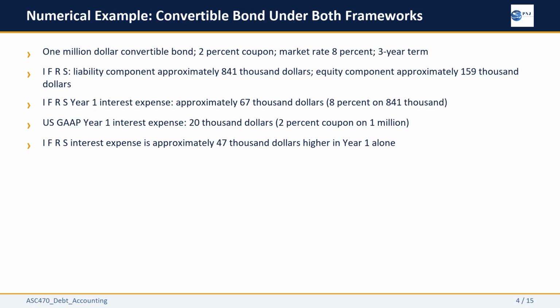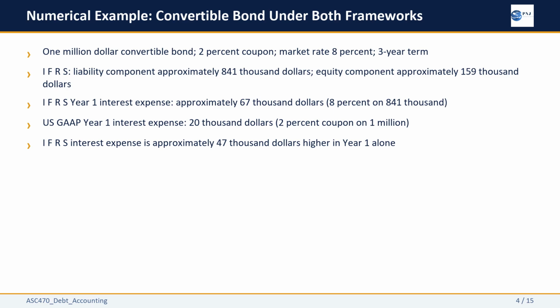Let's make this real with numbers. Take a $1 million convertible bond with a 2% coupon and a 3-year term. The market rate for a plain non-convertible bond is 8%. Under IFRS, you present value the cash flows at 8%. That gives you a liability of roughly $841,000. The equity component is the residual, about $159,000.